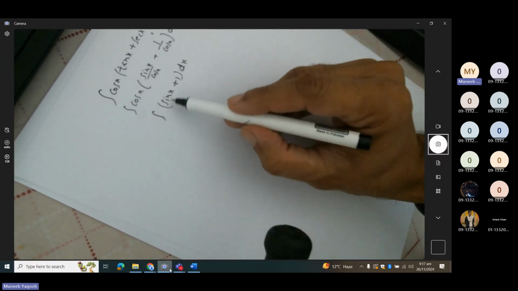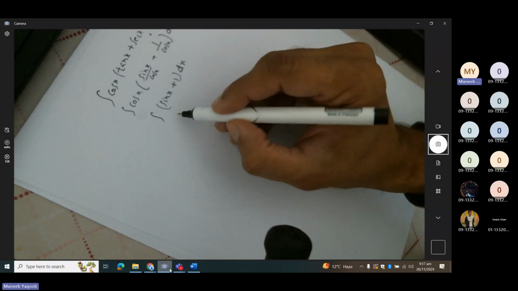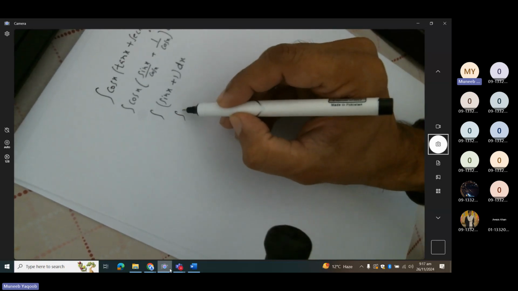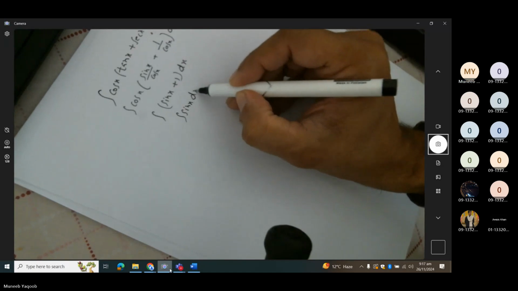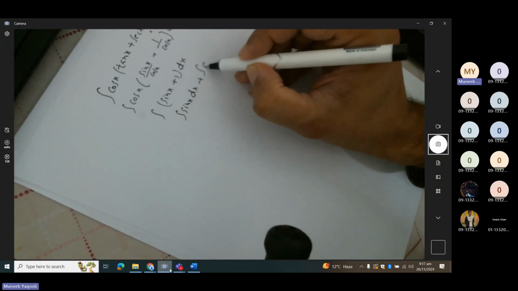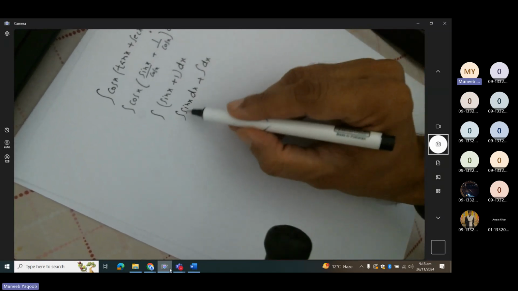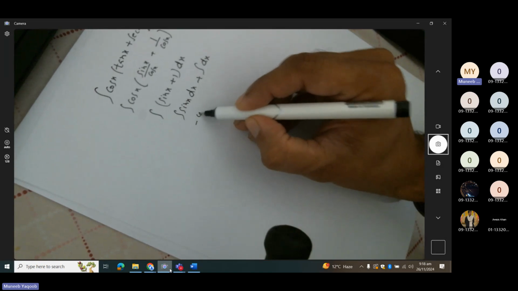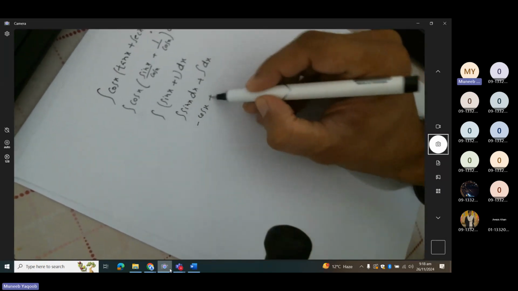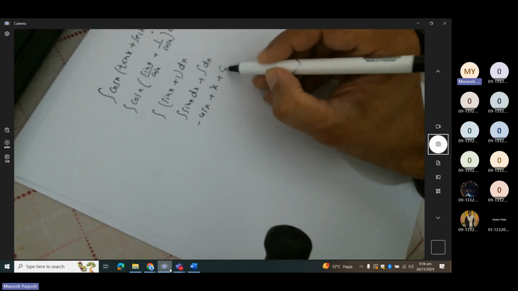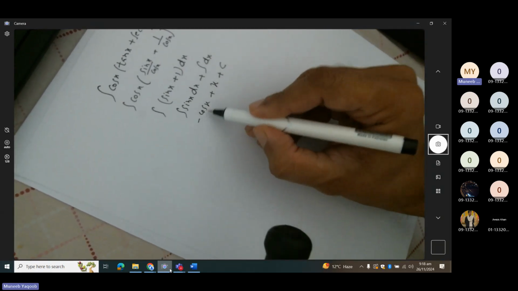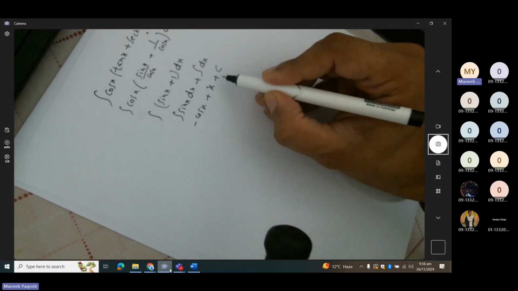So now the question is very simple. It is integral of sin x plus 1 dx. So we will separate it like integral of sin x dx plus integral dx. So integral of sin x is minus cos x, while integral dx is x plus c. So final answer would be minus cos x plus x plus c.